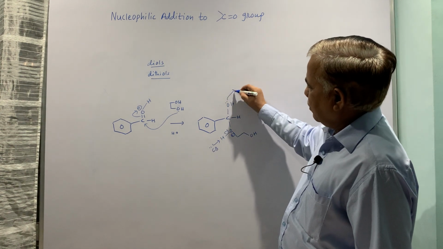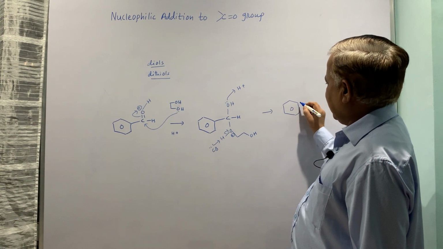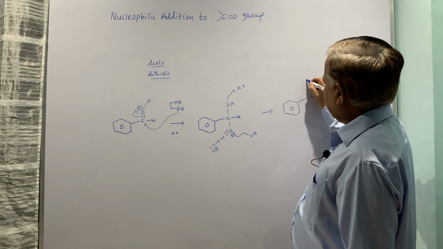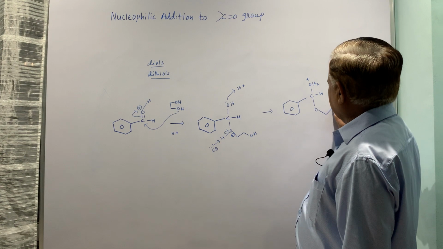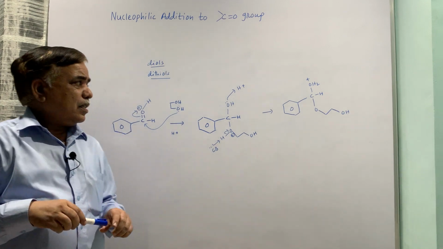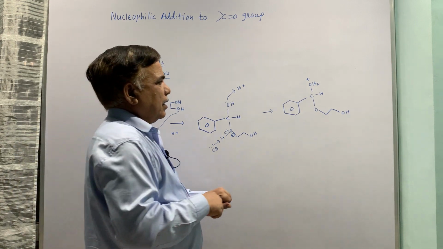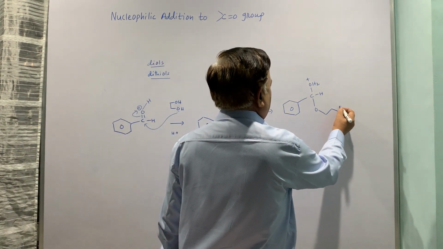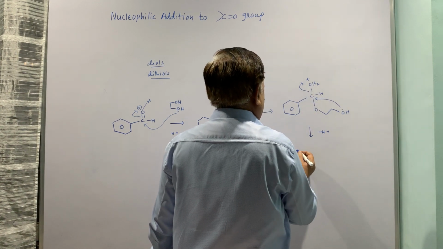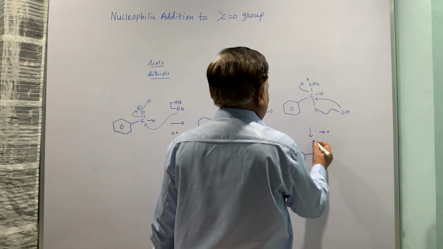This takes a proton from acid and you have an intermediate which is this one, wherein you are having a bond with one oxygen. Now this is the hemiacetal or the intermediate, and now the second oxygen can participate, the water molecule goes off, and I am just skipping one step, loss of water molecule can make it.